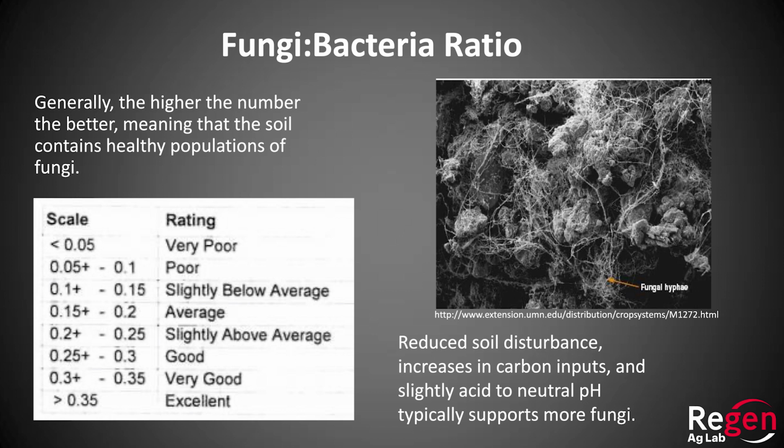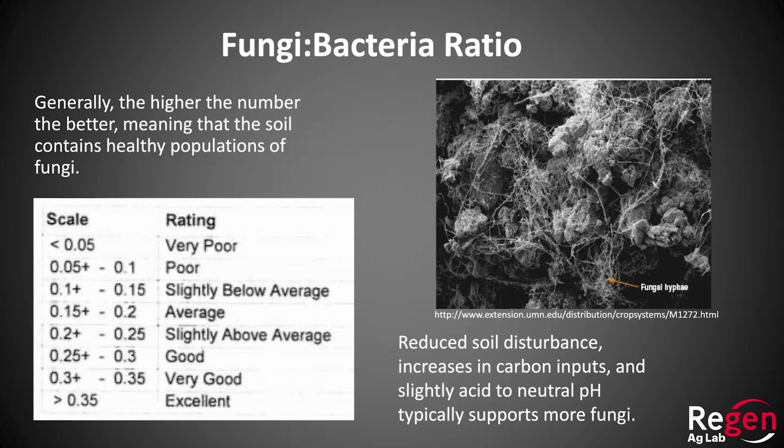But what we do with this, the reason it doesn't happen with PLFA is that bacteria have a higher proportion of phospholipids than fungi do. So if I could collect a pound of bacteria and a pound of fungi, these might have 80% phospholipids, these have 25% phospholipids.